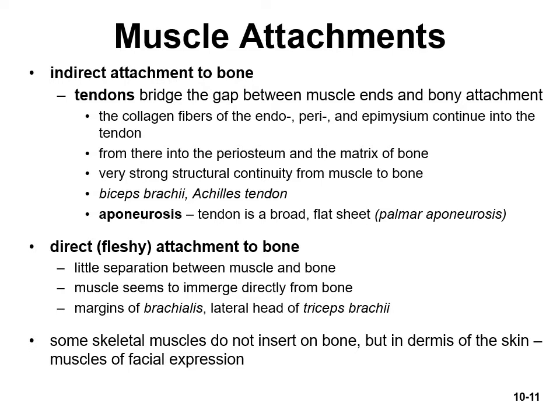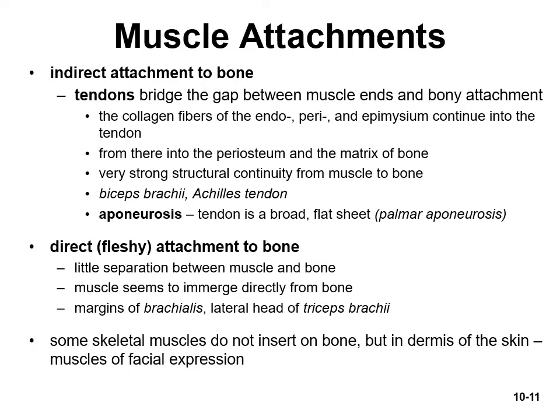There's also a direct or fleshy attachment to bone. This is where there's little separation between the muscle and the bone, and it looks like the muscle comes directly out from the bone. You can see this in a couple of the heads of the triceps brachii along the posterior side of your arm, as well as some parts of the brachialis, which is one of the flexors of your elbow.